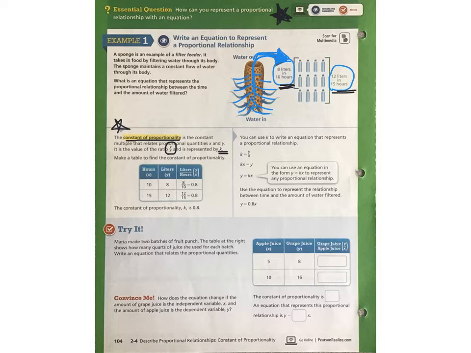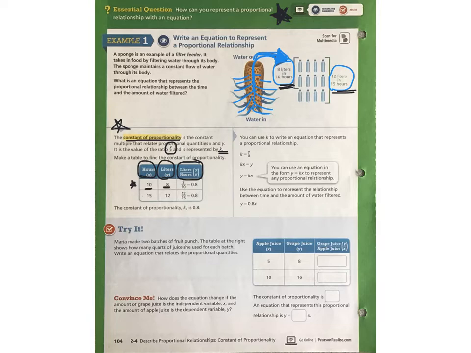So we're going to take the information from the picture and create the table. Hours is our x number, that's the first column. Liters is the y number, that's our middle column. And then our ratio of y to x, or liters and hours, is the third column. So what you'll notice is the first piece of information we were given was the ratio that the sponge can filter 8 liters of water in 10 hours.